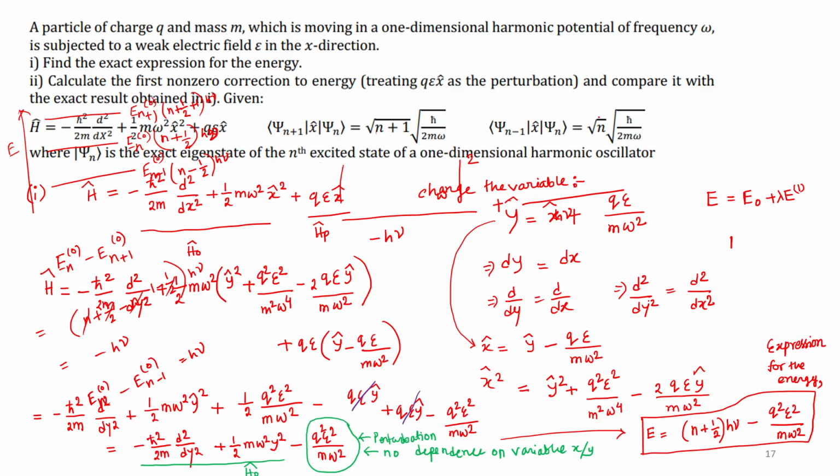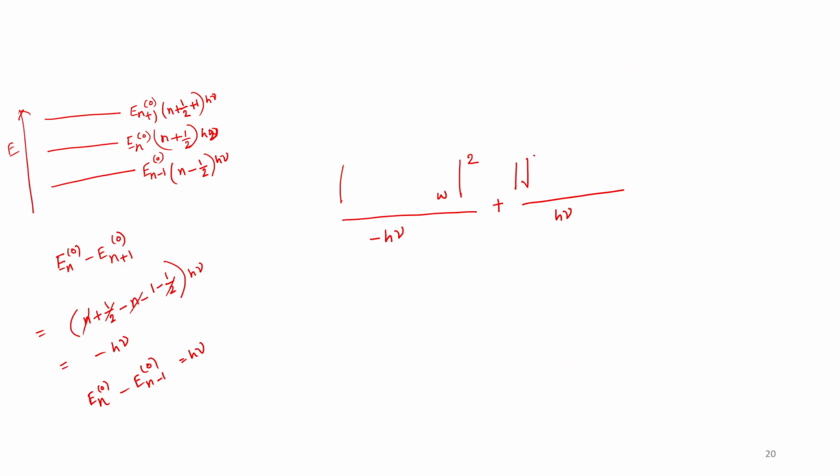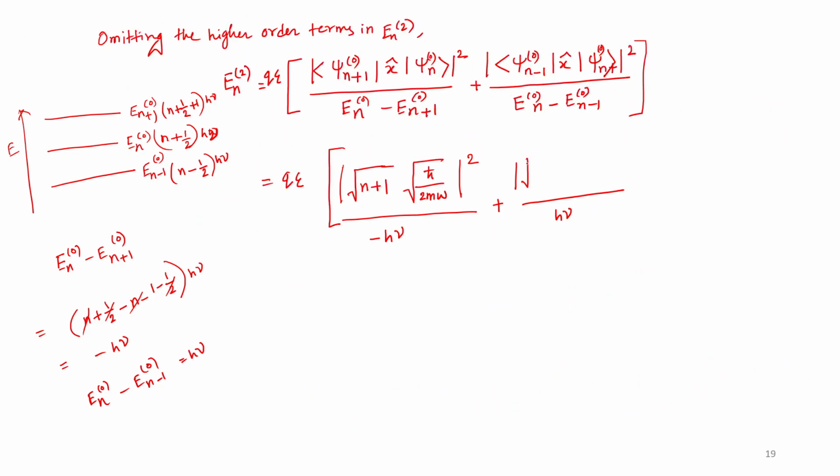Now this is root n, h cut by 2m omega, squared, the square of that. We are omitting the other terms, don't forget that.